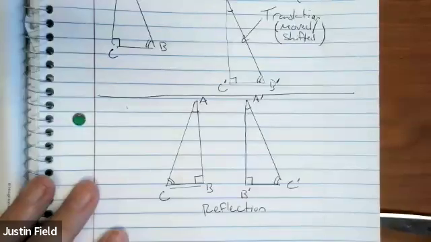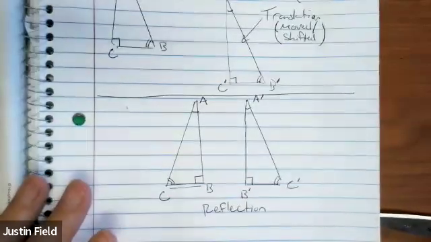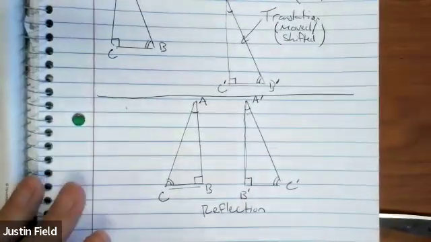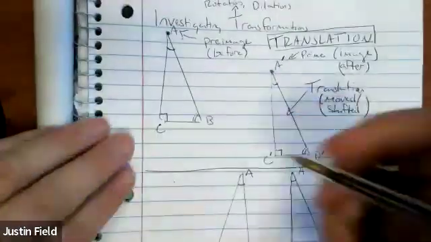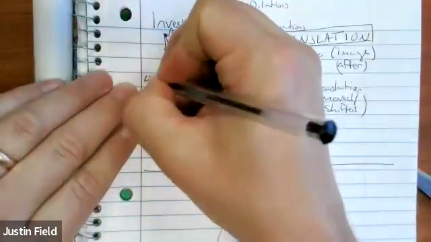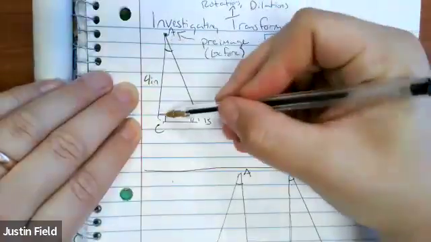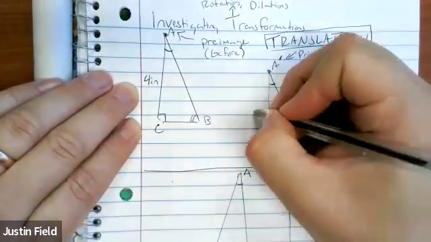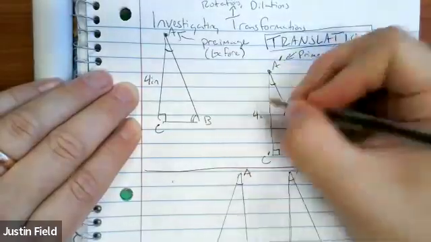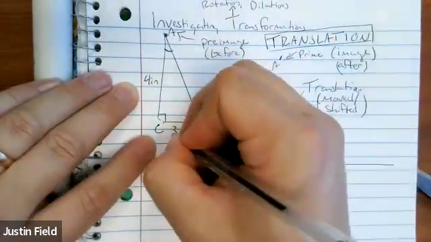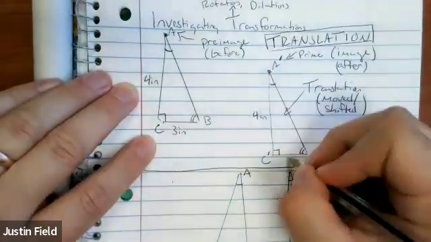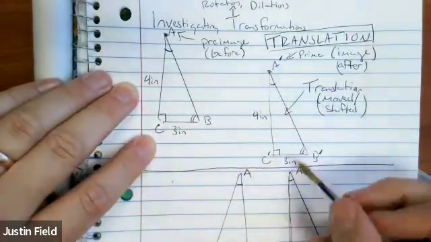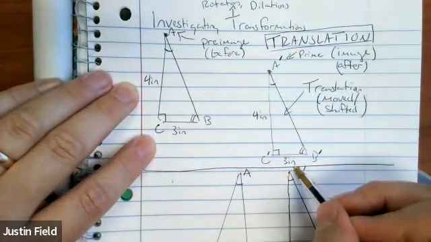And if I measure, well, I used to have a ruler around here, but we can measure and we will see, let's say this is 4 inches. AC is 4 inches. Is A prime, C prime the same length? Yeah, it is. Let's call this 3 inches. Then C prime, B prime would also be 3 inches.